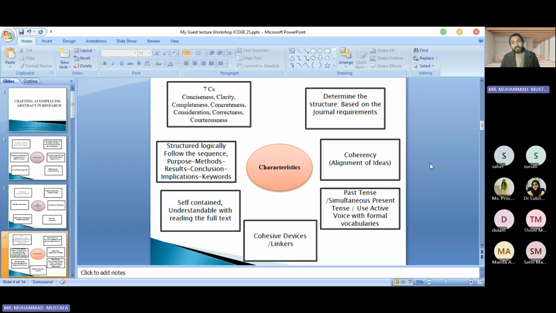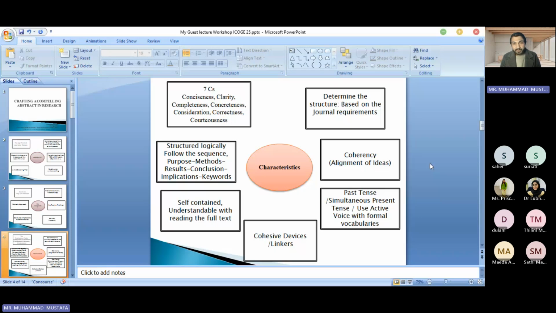One most important feature of a good or compelling abstract is that abstracts are mostly written in the past simple tense, and sometimes researchers use the simultaneous present tense.